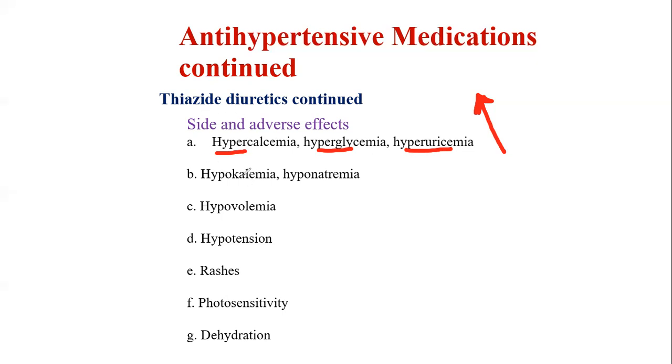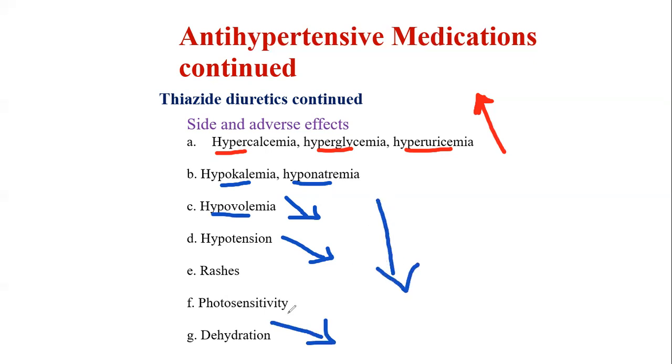But other side effects, they can cause reduced potassium, reduced sodium, and volume goes down because diuresis is too much pee. When volume goes down, definitely blood pressure goes down, and also dehydration because of too much pee. All of them go down. And another one, they can cause photosensitivity. Important to know.